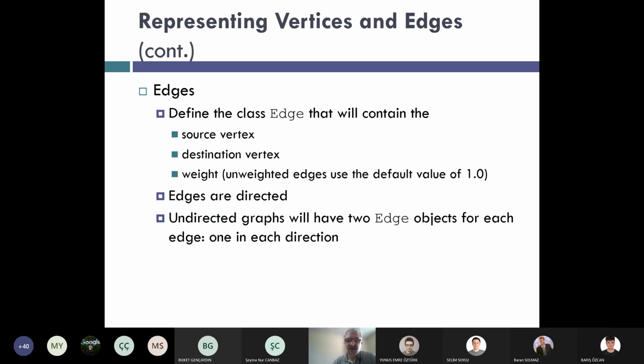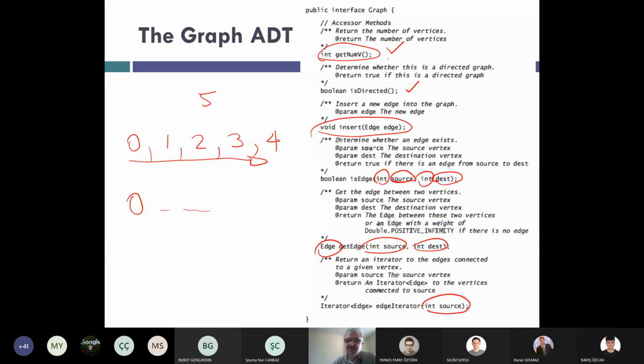Okay. For the edges, we are going to define a class called Edge, which will contain the source vertex, destination vertex, and weight as data fields. So as you see here, this getEdge method returns an edge, returns an object of type Edge.